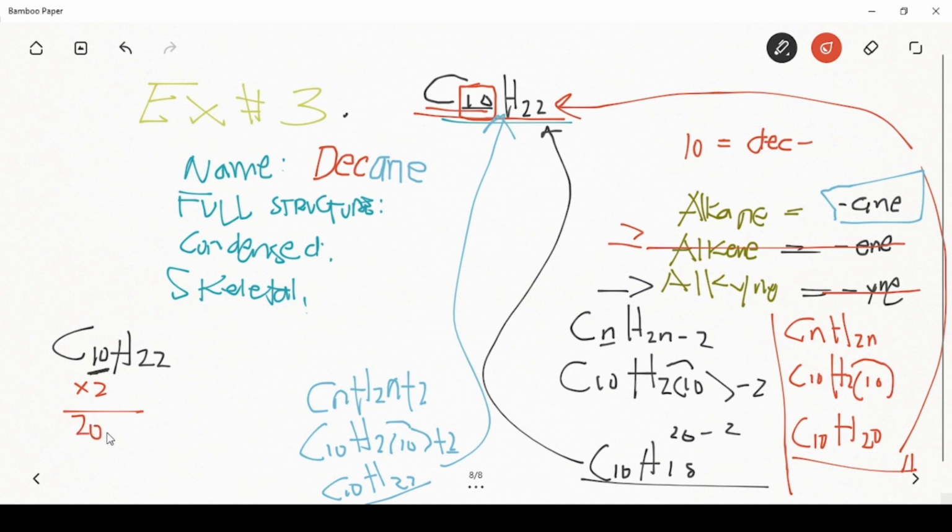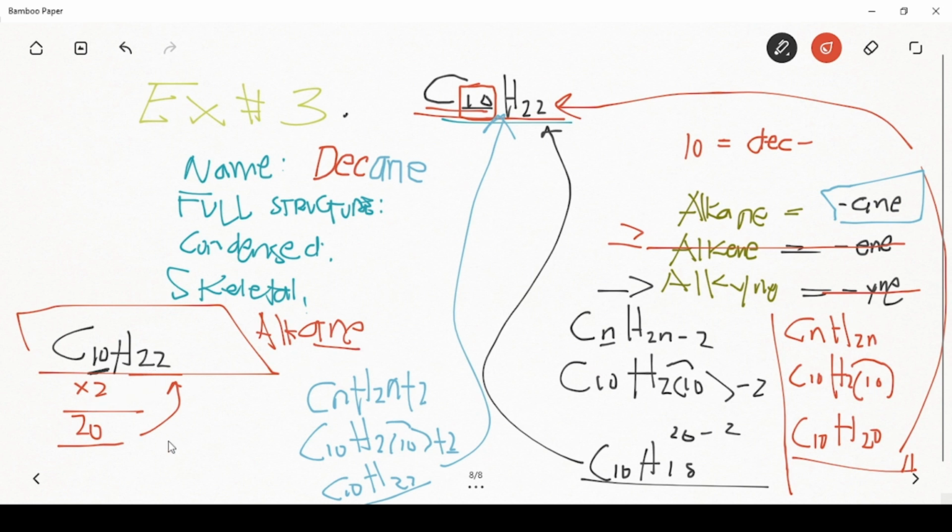Now, if the number of hydrogens in the given is greater than the answer, that is the indicator that this compound is an alkane, so you must use the suffix ane.